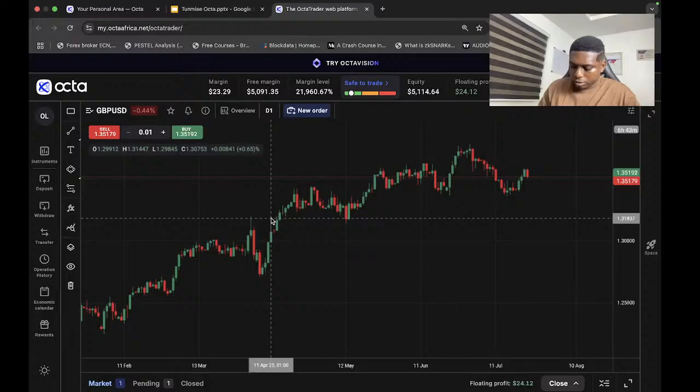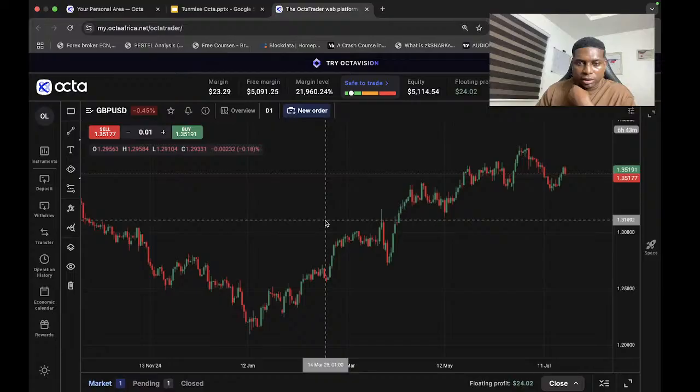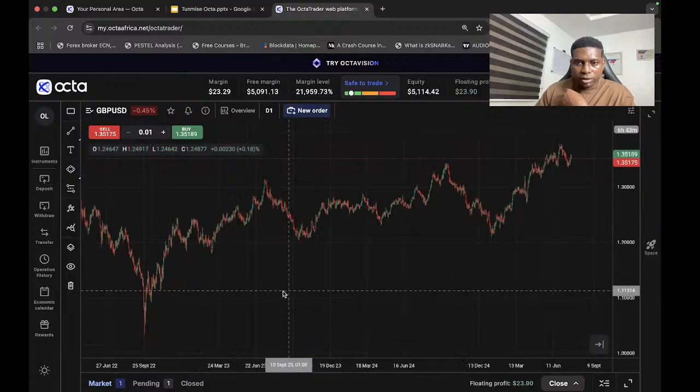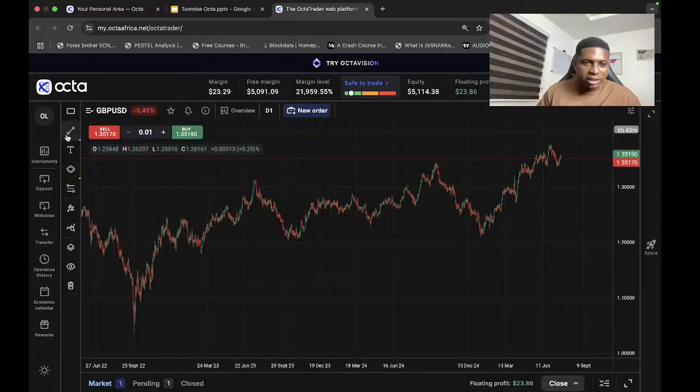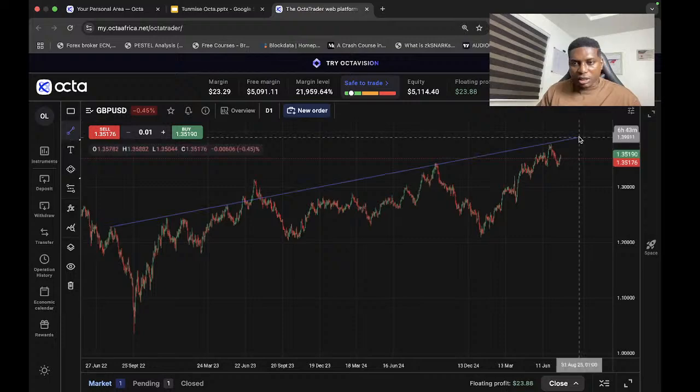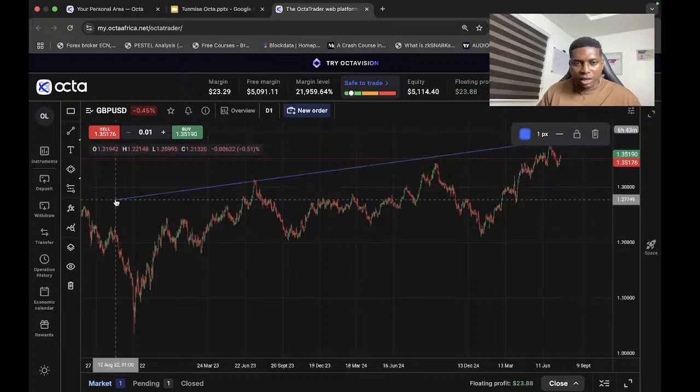We can see clearly that on the daily time frame, let's zoom in, the GBP USD has been on an uptrend. If we look at it from this eye view, we're going to see that it's been on an uptrend.